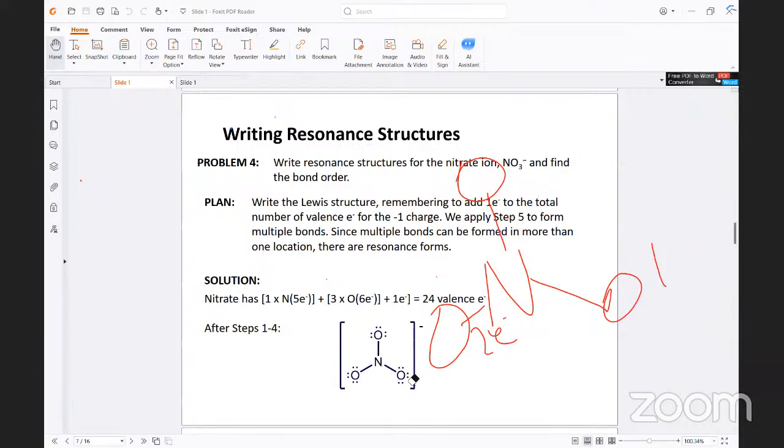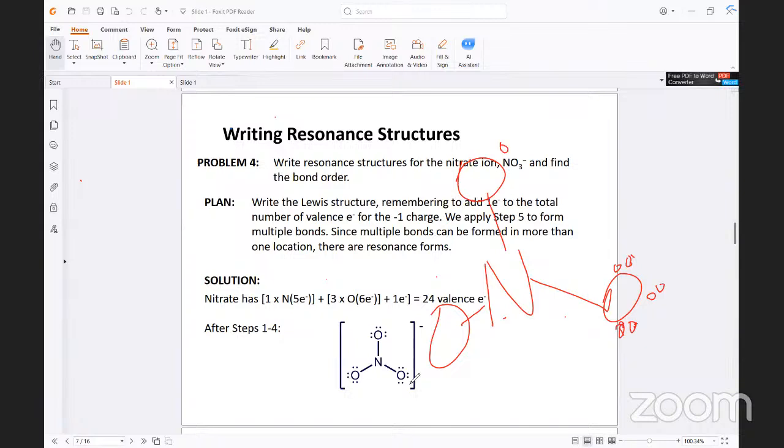In distributing the remaining 18 electrons, let me start with oxygen. If I start with oxygen, I have 2 here, so I will need 6 more. So I have 1, 2, 3, 4, 5, 6 to make a total of 8 electrons on that oxygen.